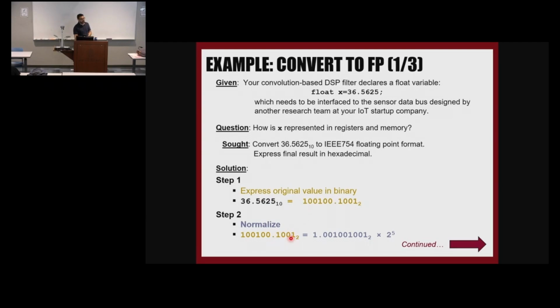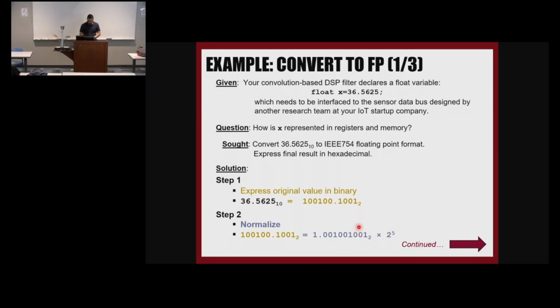So when you shift everything right, every time that you shift 1 bit right, you add 1 to the exponent. When you shift left, you decrease 1 from the exponent, subtract 1 from the exponent. So I have to shift it right 5 times, 1, 2, 3, 4, 5. And if I shift it right 5 times, my exponent will be 2 to the 5th. Does that make sense? Now I have a normalized number.